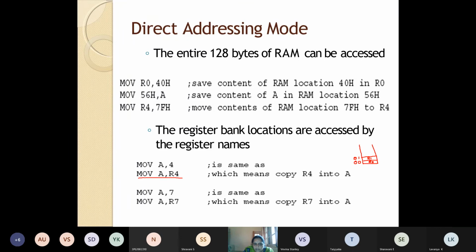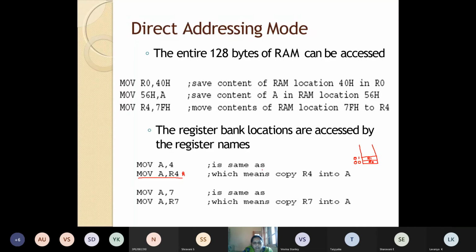If I write MOV A, R4, this is the register addressing mode. Instead, if I write MOV A, 4, what is the 4? 4 is the memory location 4, which corresponds to register R4 only. I can access the bank registers by their names or by their addresses.